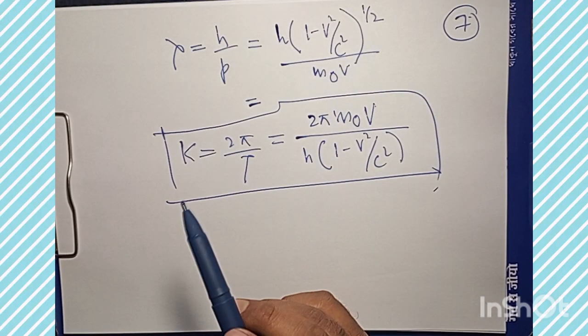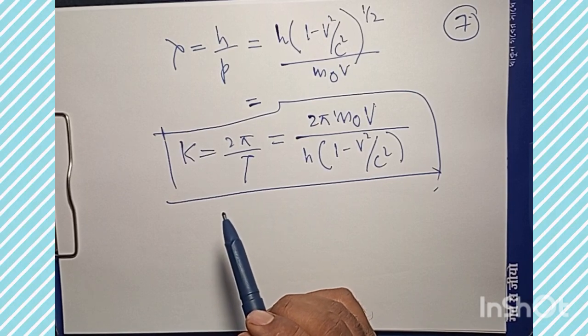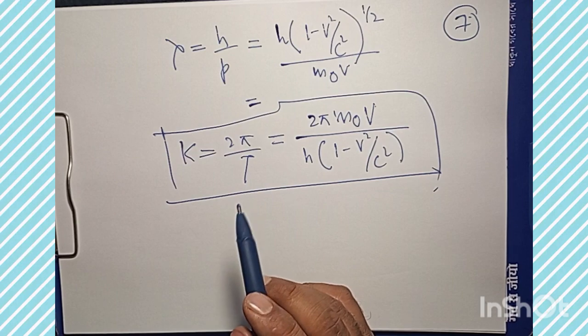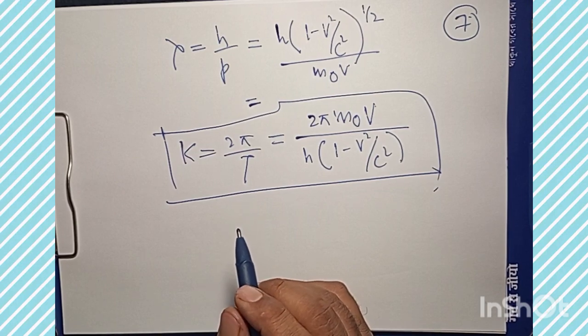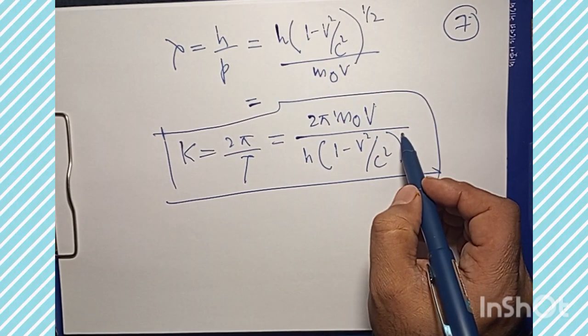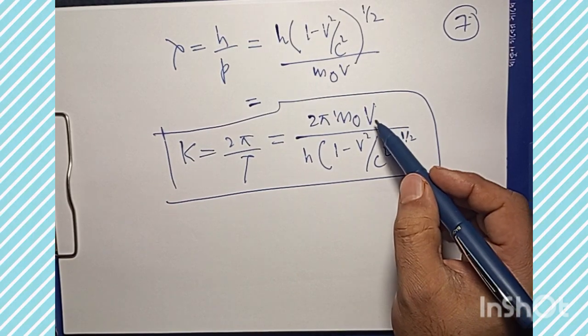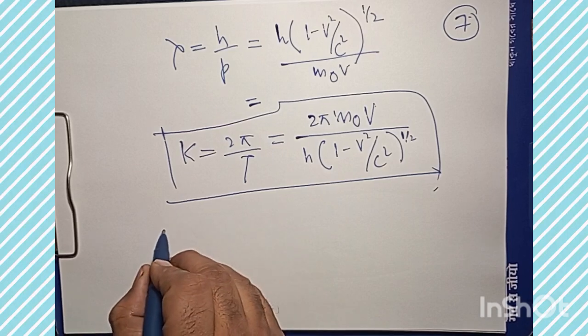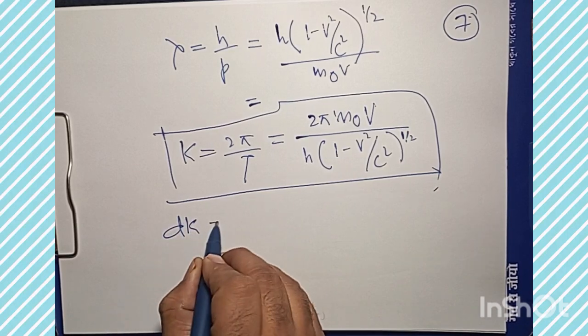Now what we want is to do the differentiation here and obtain the result. So we can understand here it should be 1 by 2, and we have here k. On differentiating it, I will have dk.